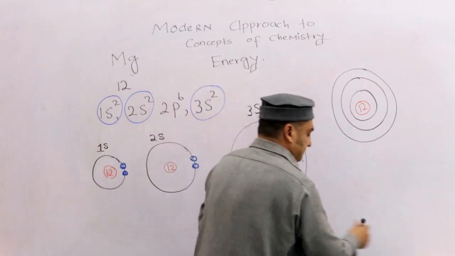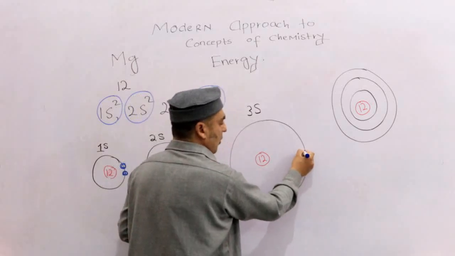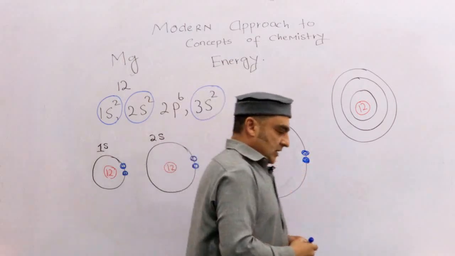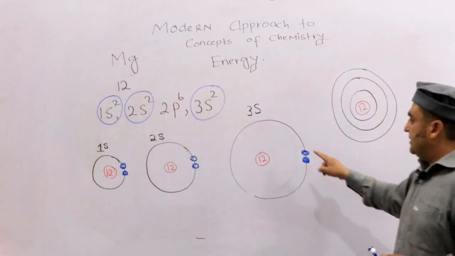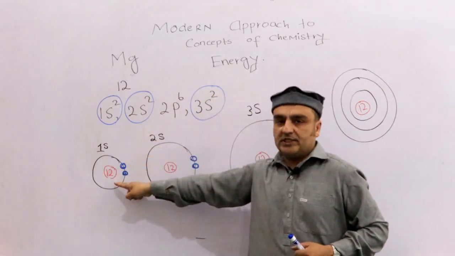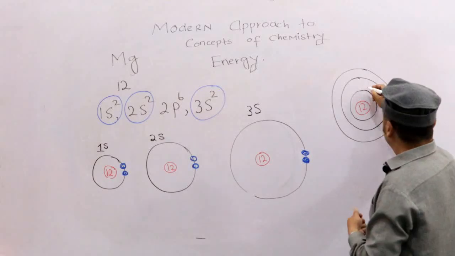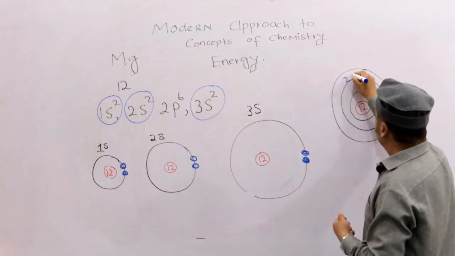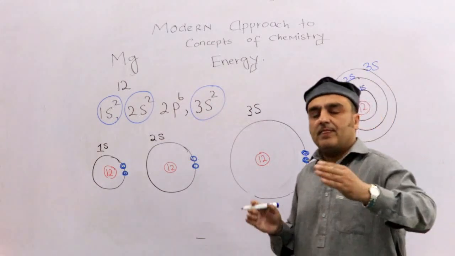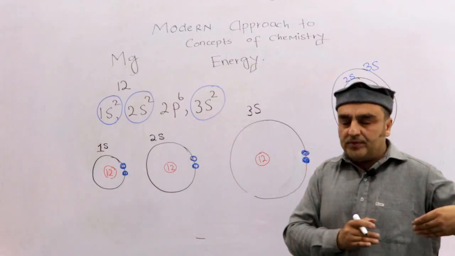Okay, the nucleus is right in the center. Here it is a little bit off center, but in reality it is in the center. So this is the 1s orbital of magnesium, because magnesium has 12 protons. This is the 1s, this is 2s, and this is 3s. Again I am repeating that we are ignoring the p orbital right now.